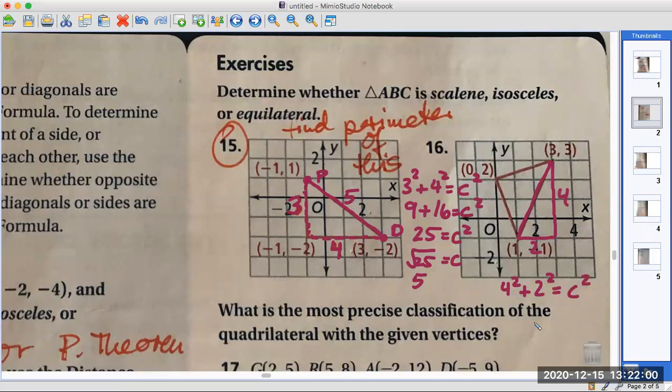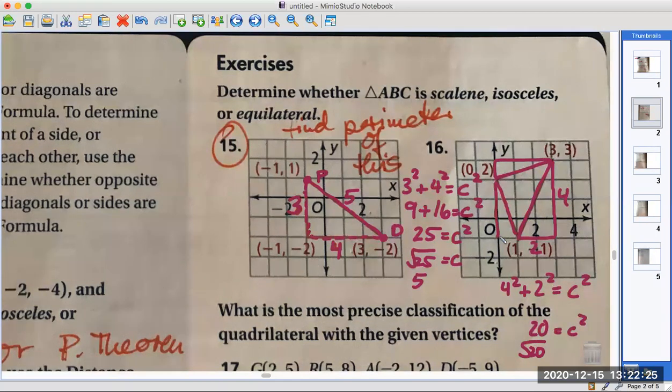16 plus 4 is 20. And then the square root of 20 is an irrational number. It'll be about 4.5 maybe. So then you can find this leg, and then you would do the same with this one. You'd always build a right triangle to find the sides.